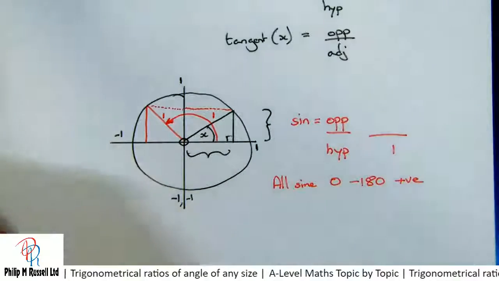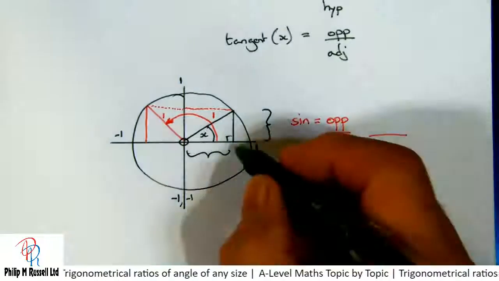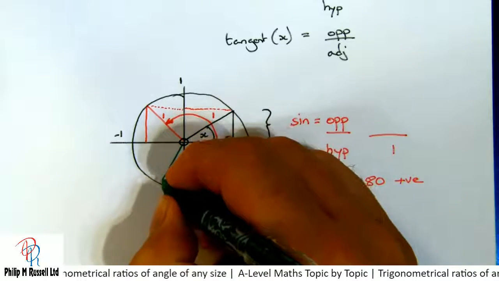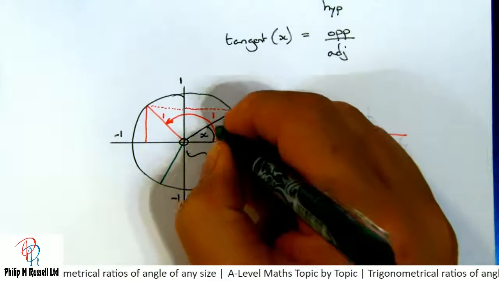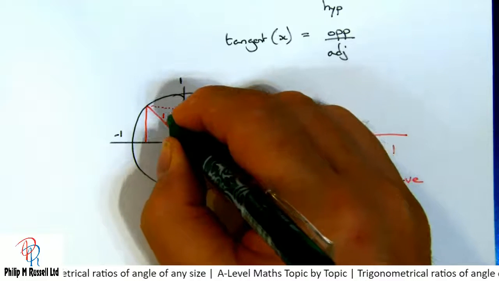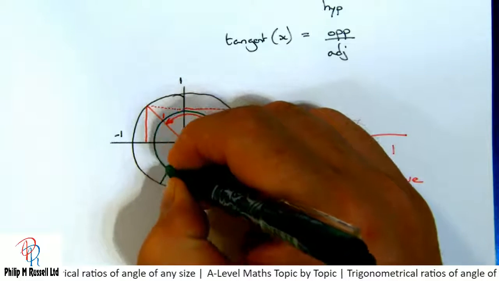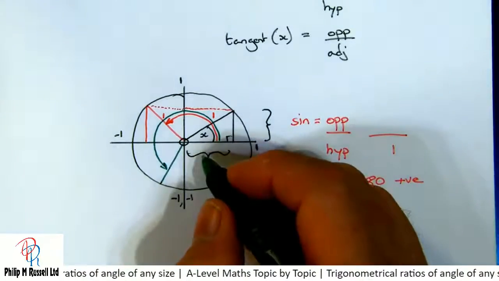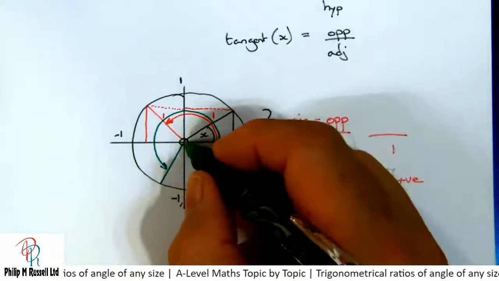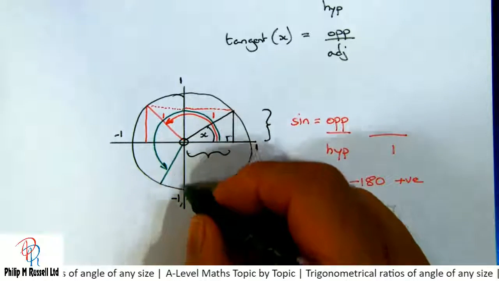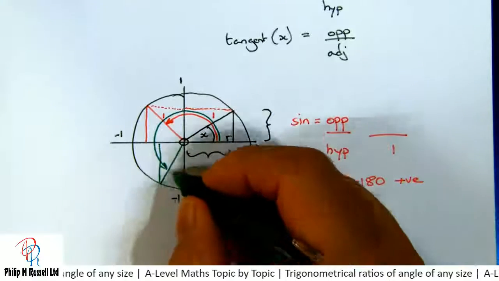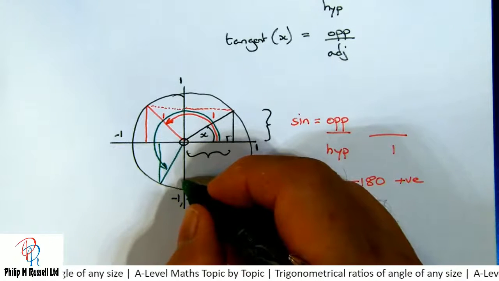What happens if we take this angle and move it round much further, making here a reflex angle? Well, here my value for my opposite is now going to become negative.